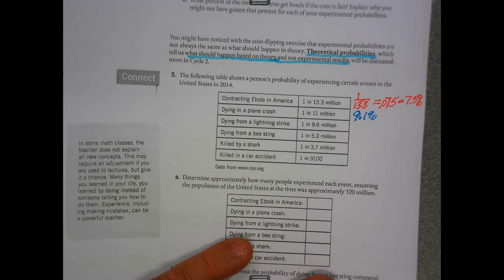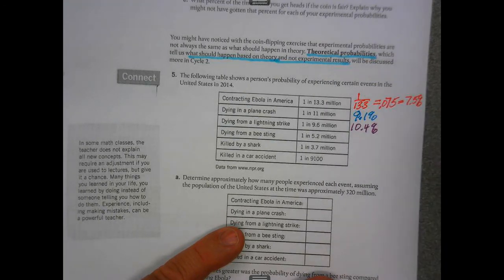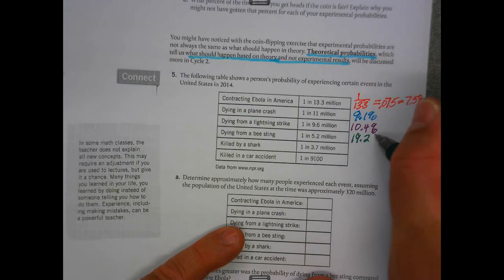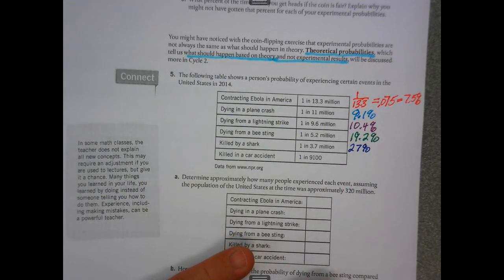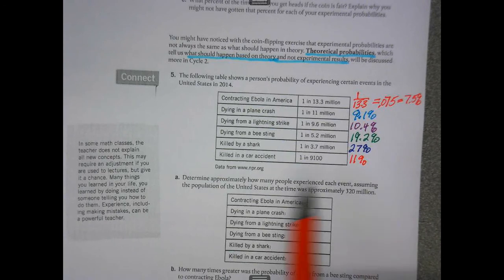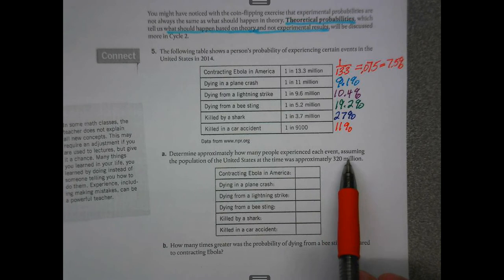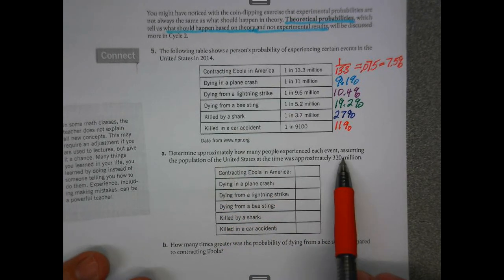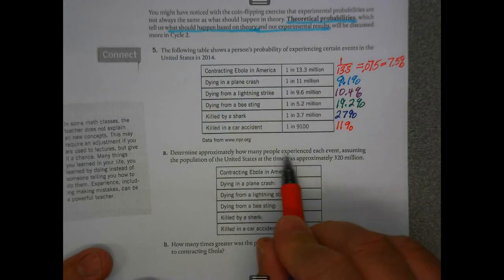A tells us to determine approximately how many people experienced each event, assuming the population of the United States is 320 million. To figure out how many people experienced the event, I'm going to multiply 320 million by each one of these percentages, and it's easier to do it with the decimal. For Ebola, 0.075 times 320 million tells me how many people had it.